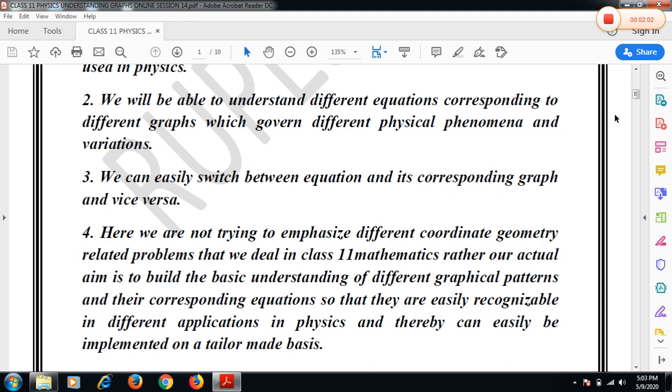Rather, our actual aim is to build a basic understanding of different graphical patterns and their corresponding equations so that you can easily recognize them in different applications in physics, and thereby implement them on a ready-made basis.